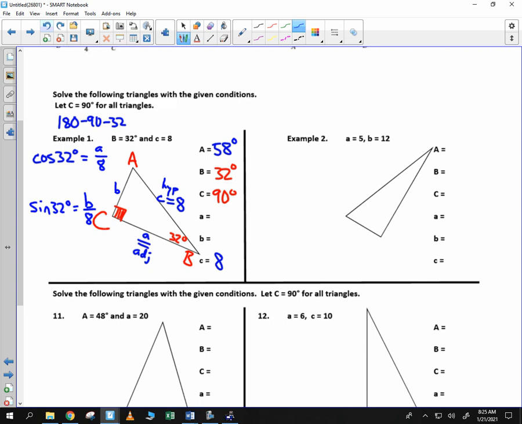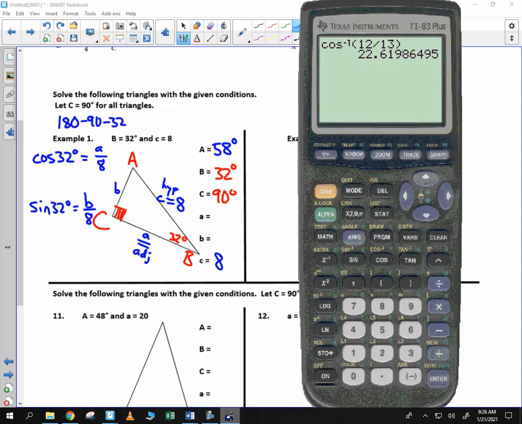Either way, you will be finding A or B. As I solve, I have 8 times the cosine of 32 degrees, and I get 6.78. If you take 8 times the sine of 32, you get 4.24.